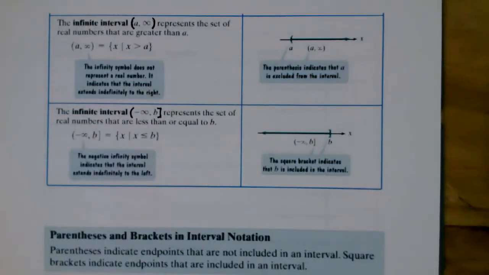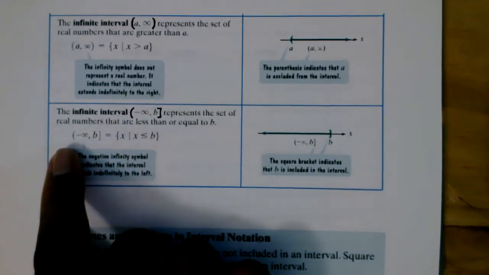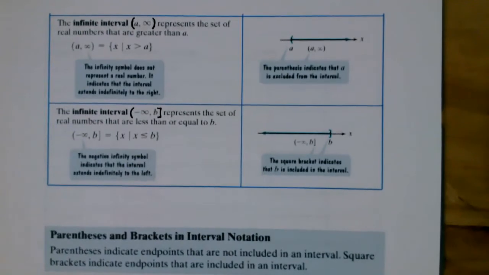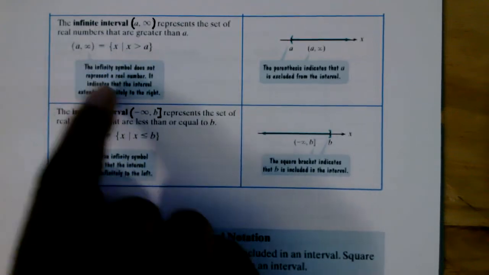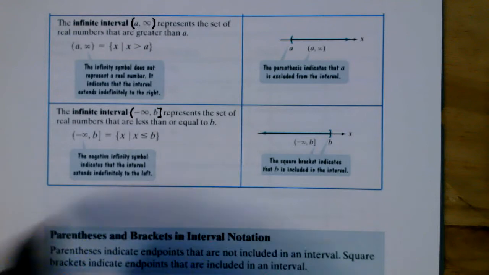And in this case, they're using a bracket at B. So this would represent the set of real numbers that are less than or equal to B. Okay. So here, this is the negative infinity symbol that tells us that it extends indefinitely to the left, where the positive infinity symbol says that it extends indefinitely to the right.